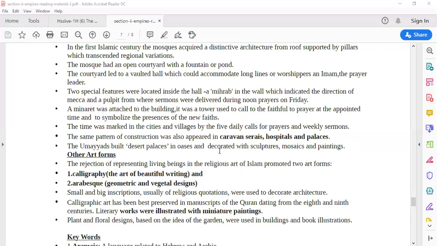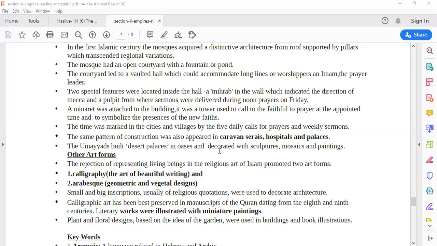There were two special features located inside the hall. There was a mihrab in the wall, which indicated the direction of Mecca, and there was a pulpit from where the sermons were delivered during the noon prayers on Friday. So there were two things.